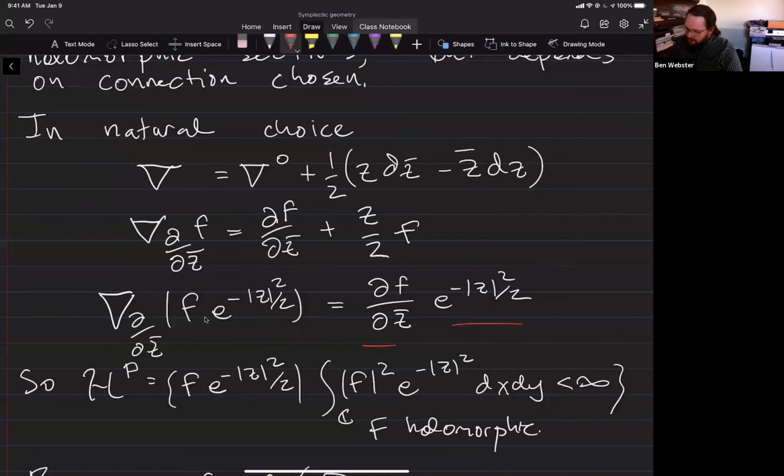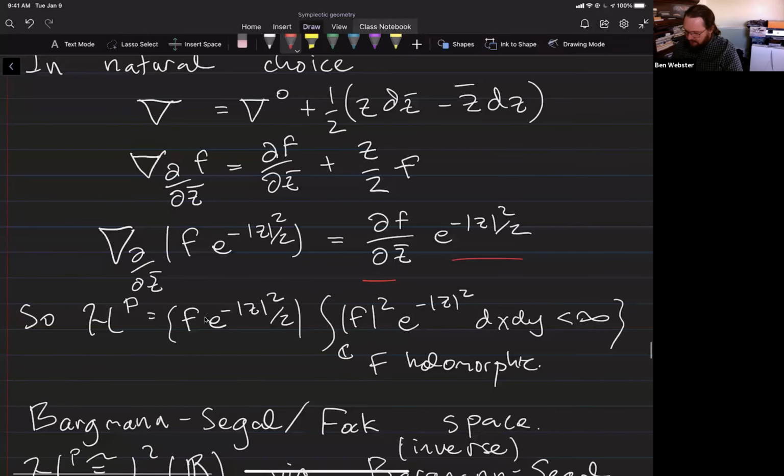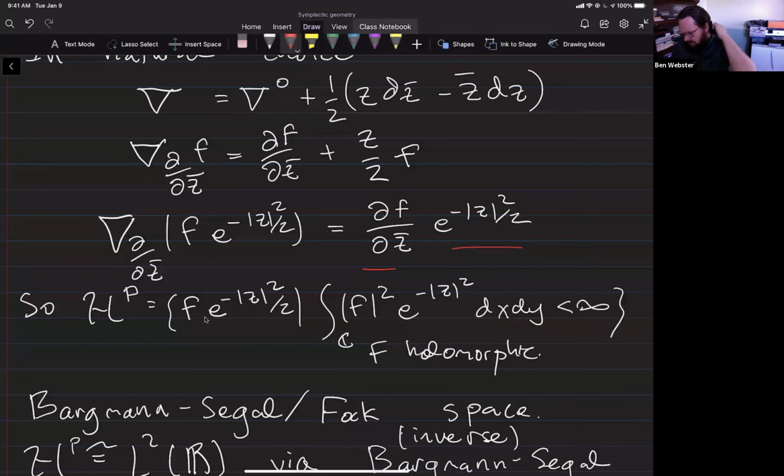So the correct notion of the Hilbert space here is functions of the form f times this Gaussian, where f is holomorphic and the total integral of the norm squared of this function is finite.